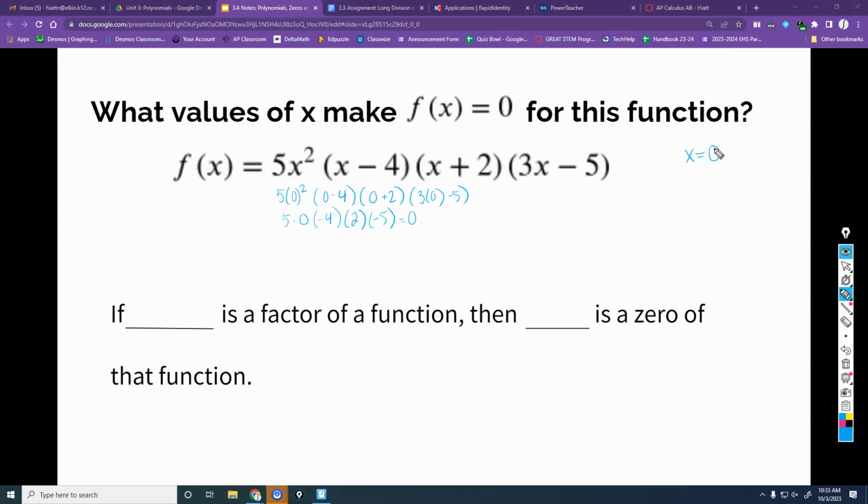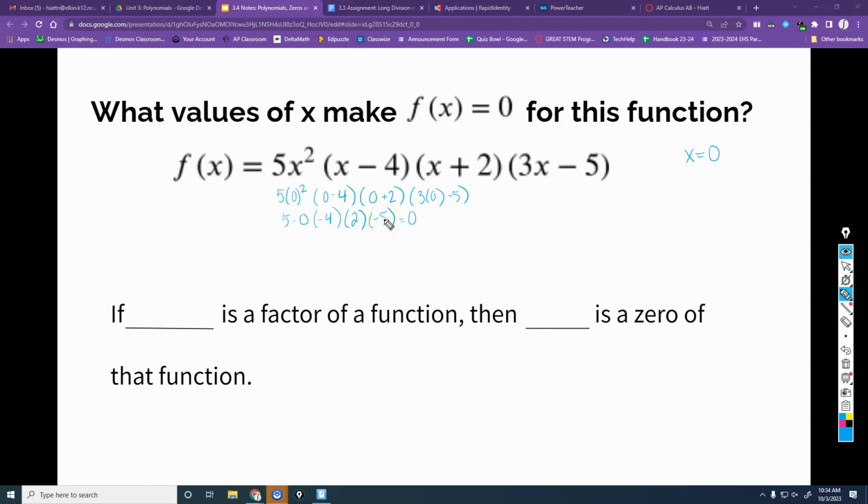What else? It's not the only number. What's another number that would make this whole thing 0? How did you answer this so quickly whenever I had 5 times 0 times negative 4 times 2 times negative 5?